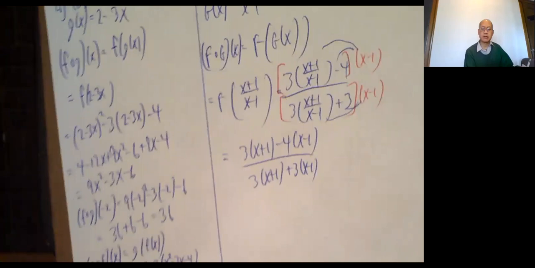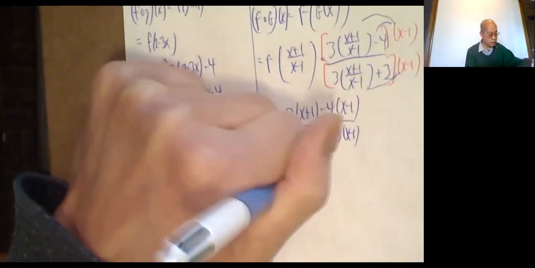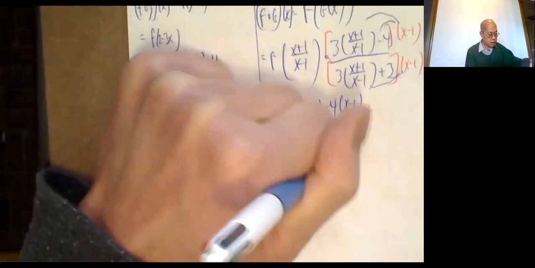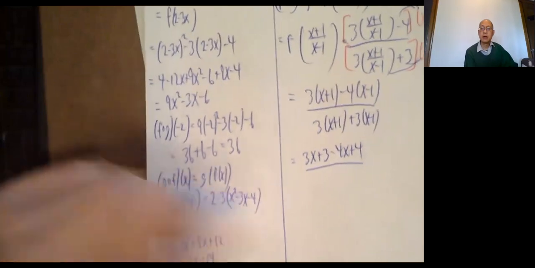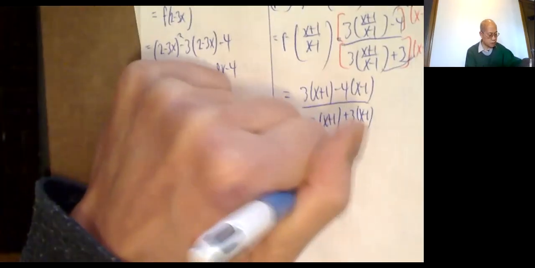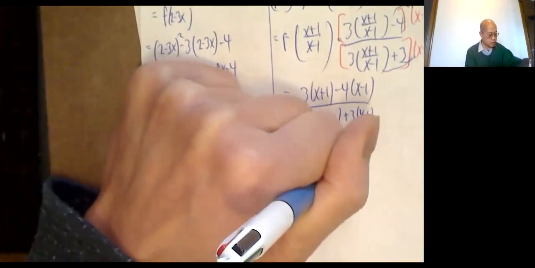Okay, makes it a little bit nicer. So 3x plus 3 minus 4x plus 4 on top. On the bottom, 3x plus 3 plus 3x minus 3.